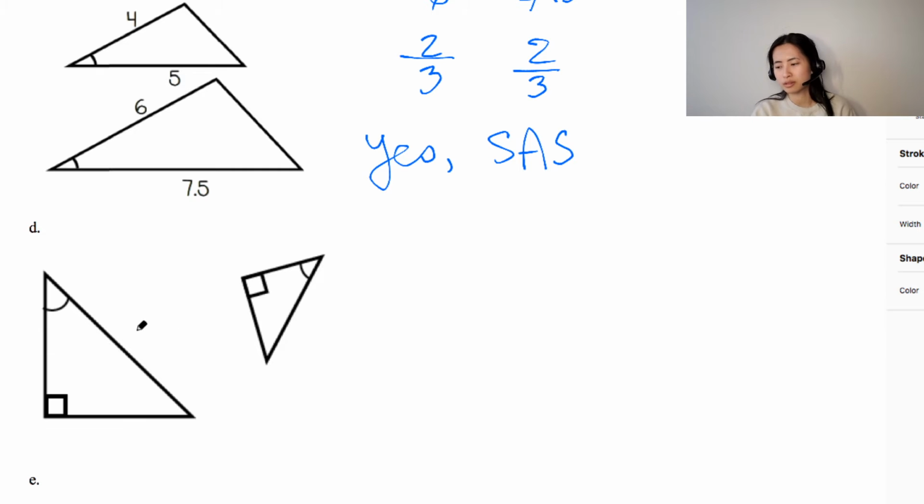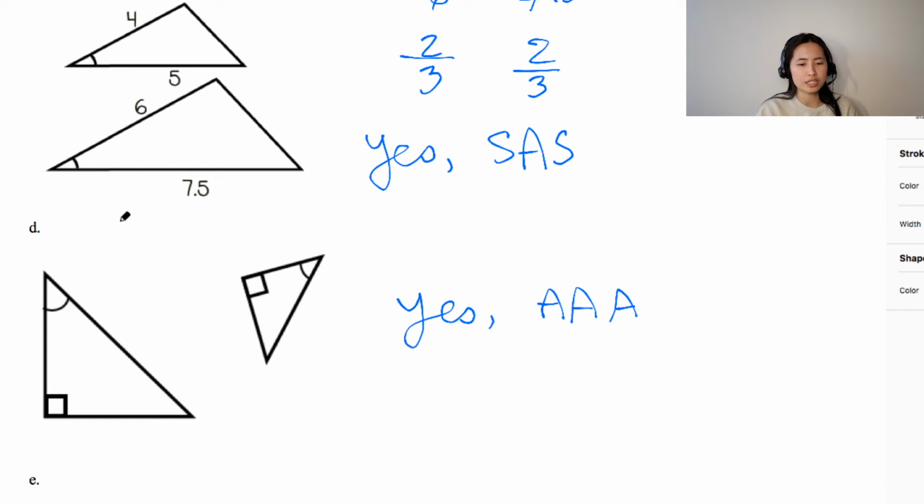Okay, you can see right off the bat these two angles are congruent, and on top of that, the right angles are also congruent. So for part D, you can say based off of AAA, yes, they're similar based on AAA. As you can see, anytime you have the triple A's, it's all about looking at the figure.